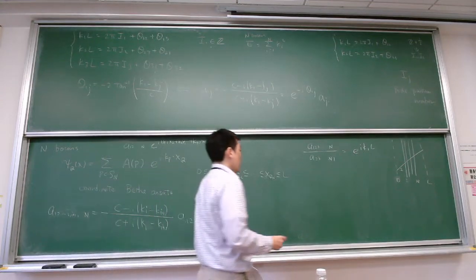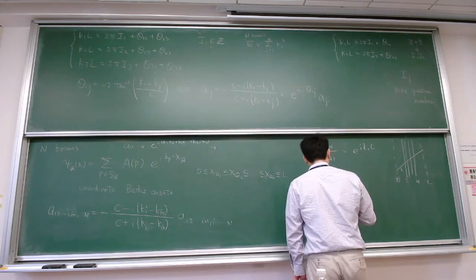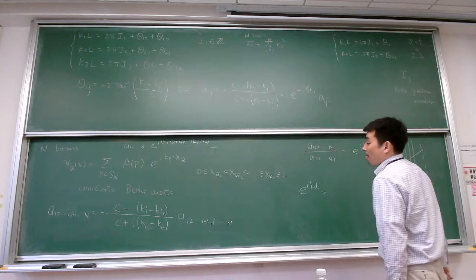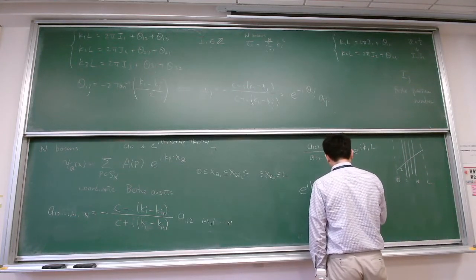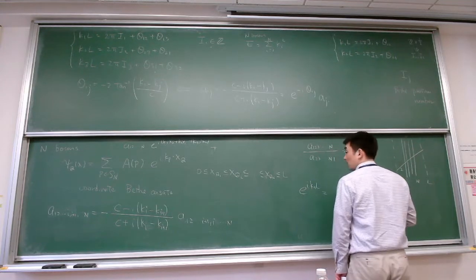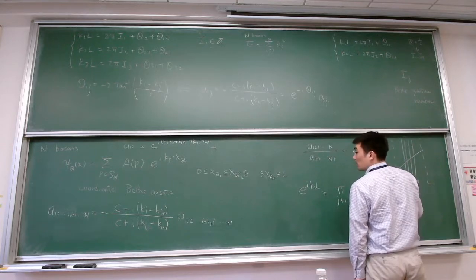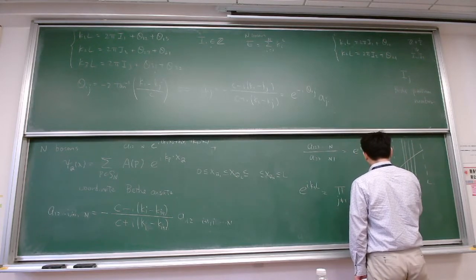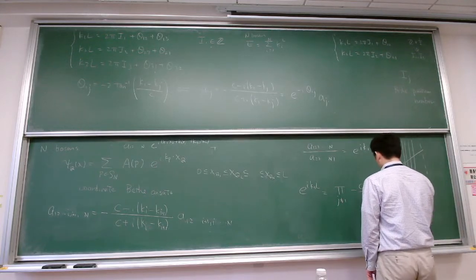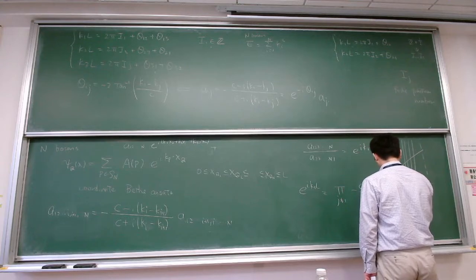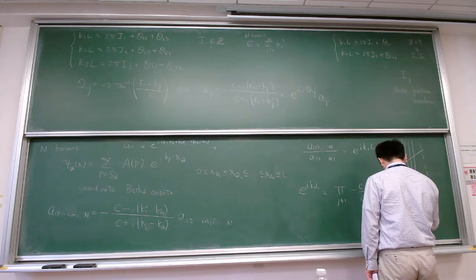Therefore, e to the i k1 L is indeed the product over j, which is not 1, of (k1 minus kj minus i c) divided by (k1 minus kj plus i c).